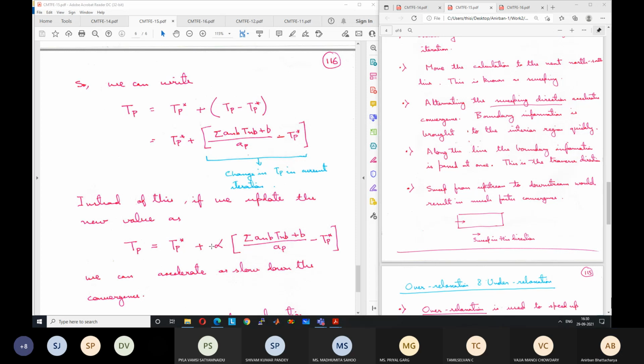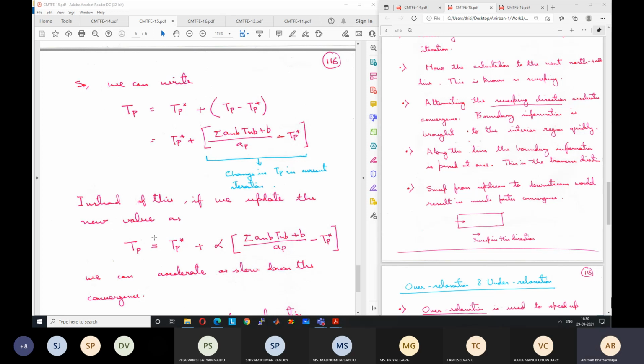Okay. So by slowing down the convergence, the chances that we are crossing the correct value in the other direction become less. I will give you an example. Say a correct value, which is unknown to us, of course, is 340. In the previous iteration, our calculated value is 300.